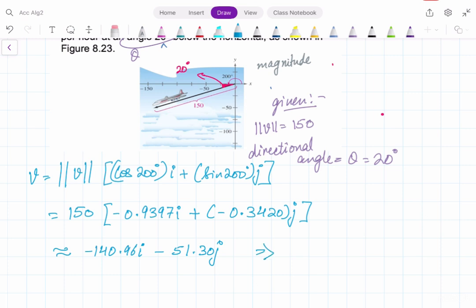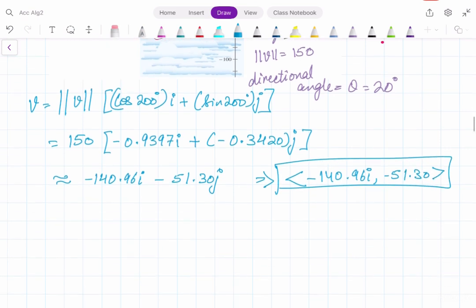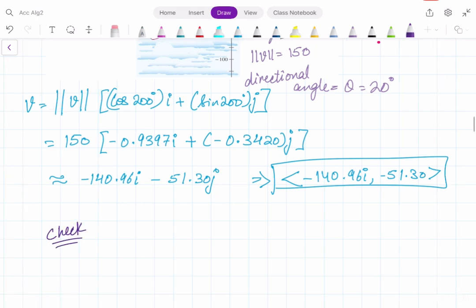So we are getting the component form. The component form is negative 140.96, and the other component is negative 51.30. So remember, because it was descending, it was below the x-axis. So above the x-axis is 180 and the angle included, which is 20. So 180 plus 20, that is 200 degrees.